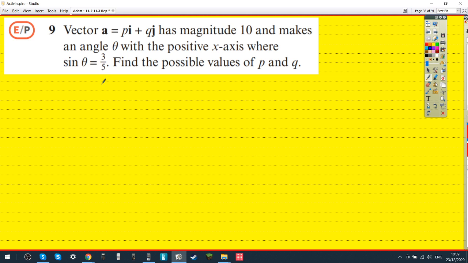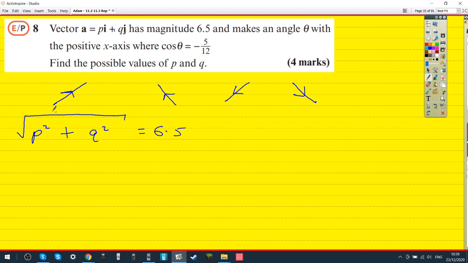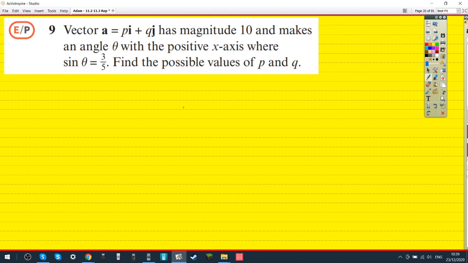I think I see it. I see it. Hold on. With the positive x-axis, if I go back, it could be like that, or it could be the other side. You know what I mean? Yeah. And so I think that's what's going on here.